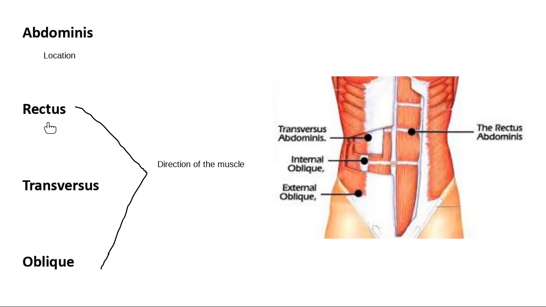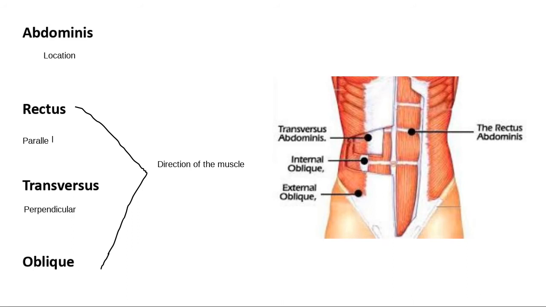Okay, rectus abdominis. That's a word that means parallel. Okay. Next word is transversus. Transversus is what we see in the deepest layer of the abdomen. Transversus abdominis means that we're perpendicular.